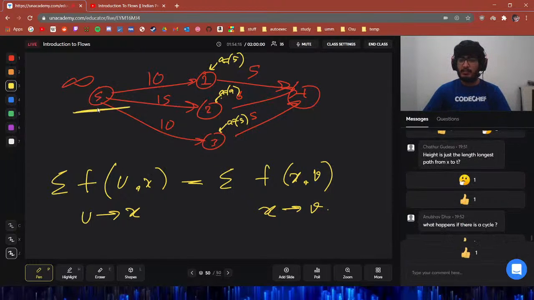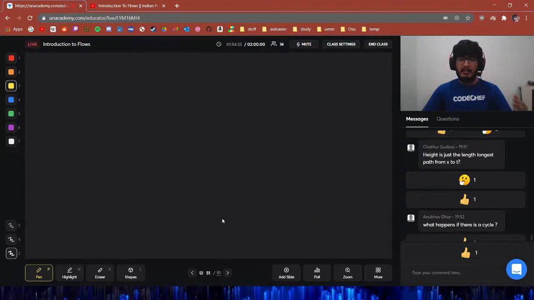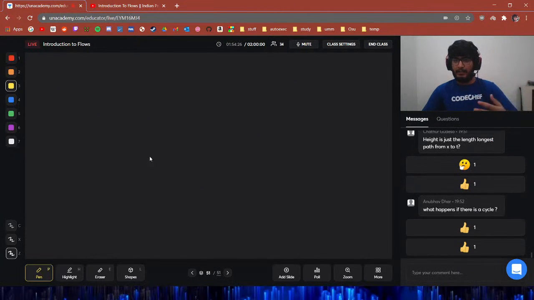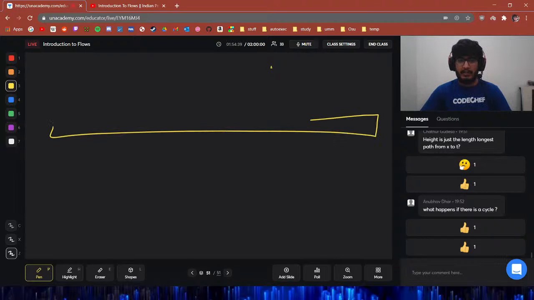Initially we declare the excess function of the source as infinity, right? And then we go from the highest height. We sort the nodes by their heights. We go from the highest node, which is the source, of course. Let's say these nodes are ordered by their heights.